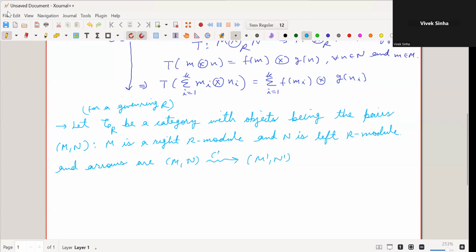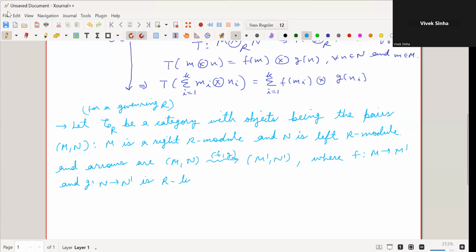The pair F comma G, where F from M to M dash and G from N to N dash is R linear.